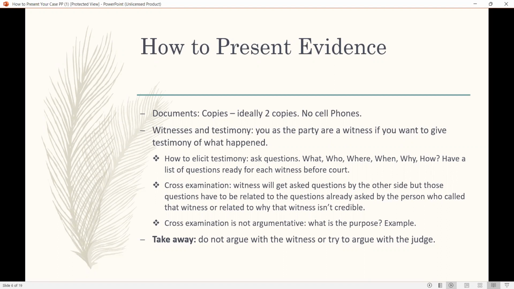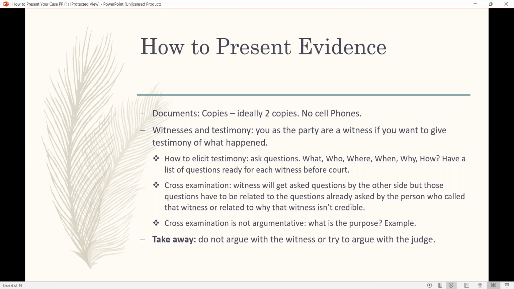Cross-examination is not an argument. It's not argumentative. The purpose is really to either just clarify something that the other party just said, or to question their credibility. I can give you an example.